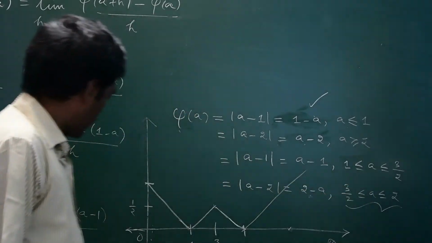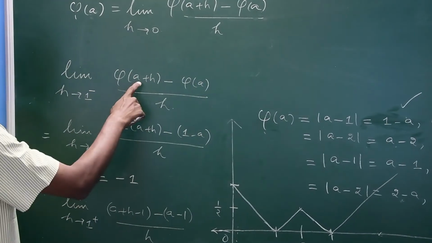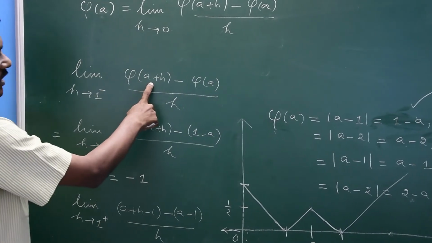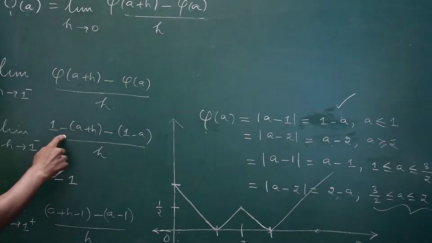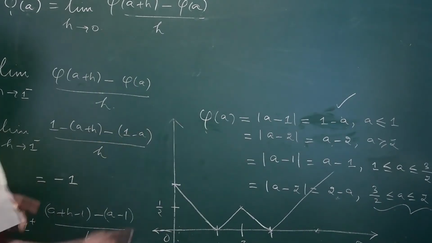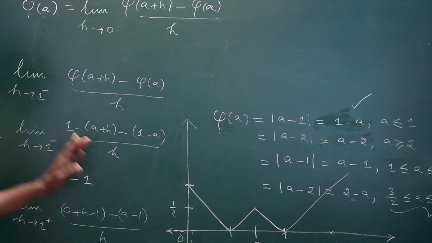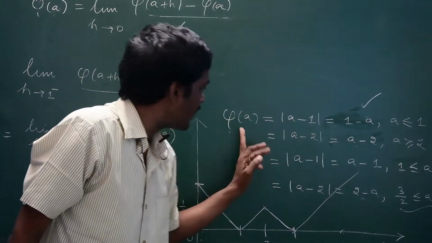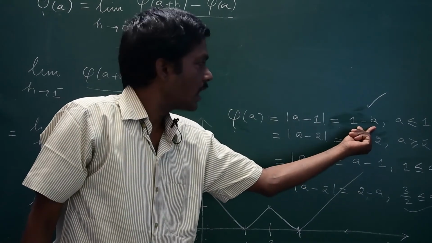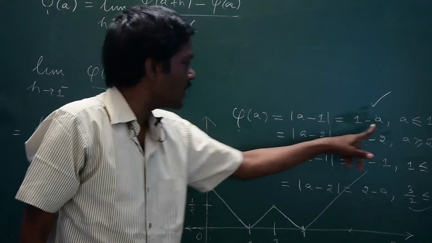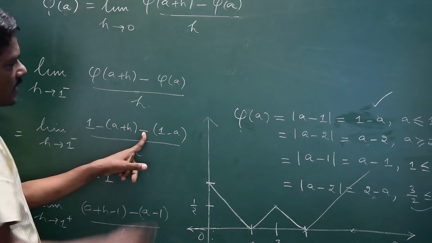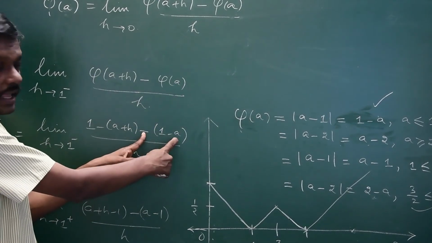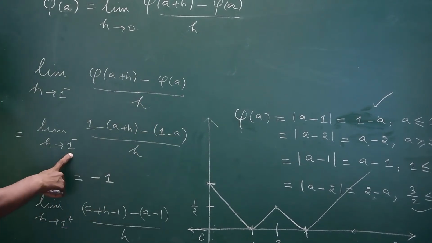Okay, right. So phi of a plus h, by the definition of phi, because h tends to 1 minus, so left of 1 phi is defined like this, 1 minus a. So phi of a plus h is 1 minus a plus h. 1 minus a plus h minus phi of a, which is 1 minus a, by h as h tends to 1 minus.